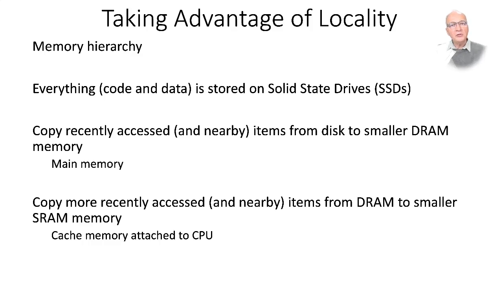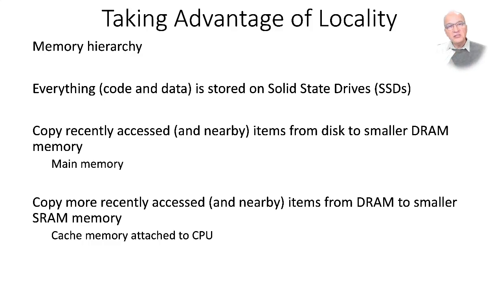Now, if we go back to the example of executing our loop that may have 15, 20, 30 instructions, if all those instructions fit in my cache memory inside my processor, I am only going to go to the main memory to access those instructions the first time through the loop, and I'll keep a copy of all those instructions in my cache memory.